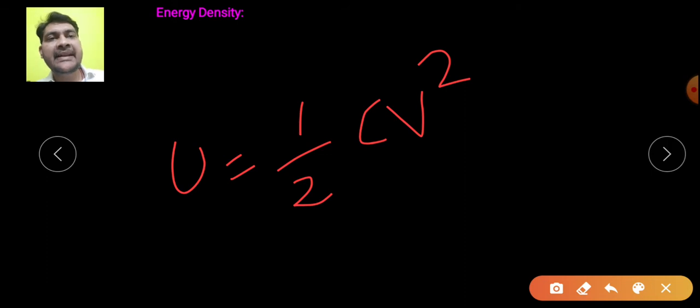It depends upon the capacitance of the capacitor and the potential difference between the plates. The more potential difference between the plates, the more potential energy is stored. A capacitor with larger capacity will be able to store more energy at constant potential difference.